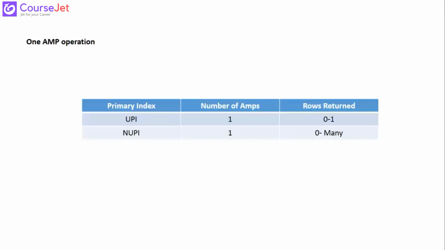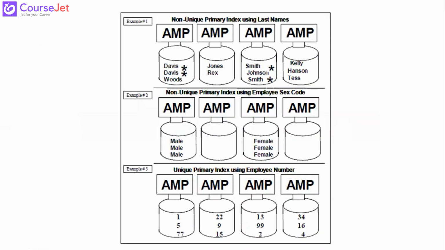So for unique and non-unique primary index, it's always a one-AMP operation. For UPI, we have the unique value stored, so if we do a select, one particular AMP will give either 0 records or 1 record. If the AMP contains the data, it is 1 row, and if it doesn't have any, then it's 0.